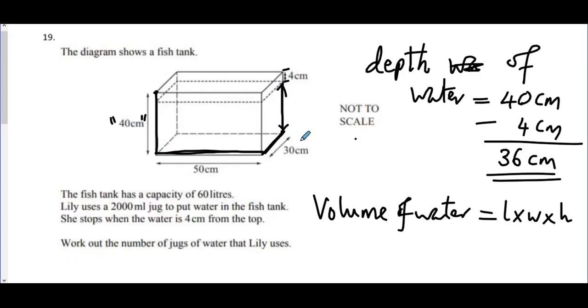The height will be 40 centimeters minus 4, which is 36 centimeters. Why? Because the question says Lily stops when the water is 4 centimeters from the top. So the depth of the water in the fish tank will not be 40, it will be 40 minus 4. That will be 36.